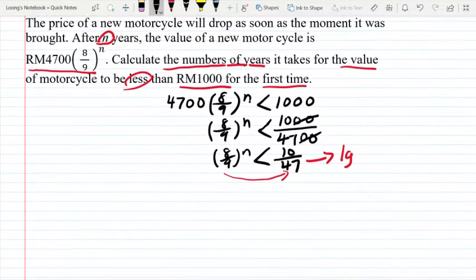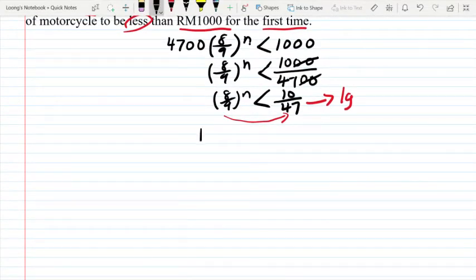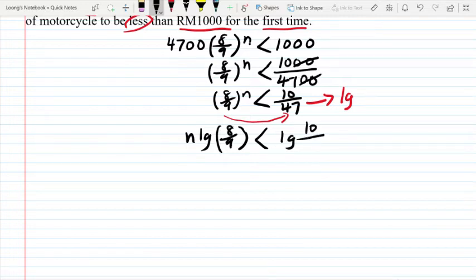So we'll be continuing by adding log on both sides, and log on the other side. You can evaluate by pressing your calculator, and you will get negative 0.0512n lower than negative 0.6721.